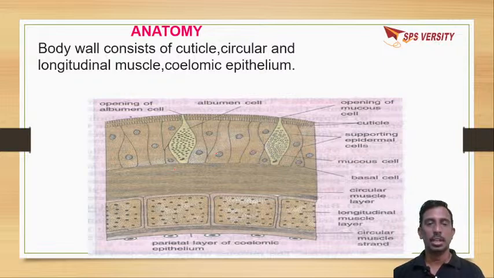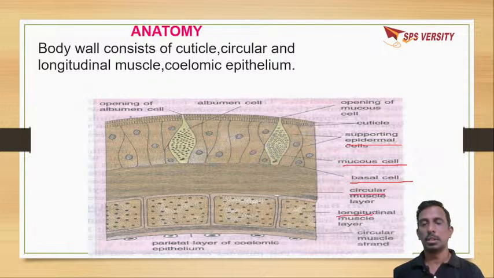You can see the transverse section of an earthworm: cuticle, epidermal cells, mucous cells, below that basal cell, circular muscle and longitudinal muscle, below that the coelomic epithelium. So these are the different layers present in the body wall of an earthworm.